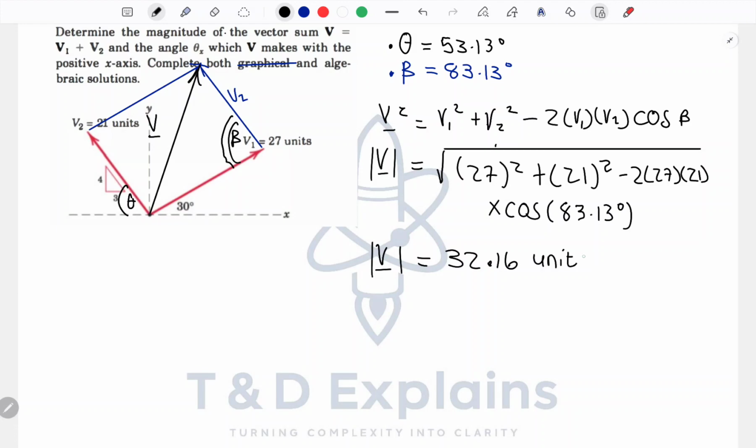units. Now they are saying that we should get the angle theta x, which V makes with the positive x-axis. Again, you use geometry. The angle which they are referring to is the angle here, not the 30 degrees.